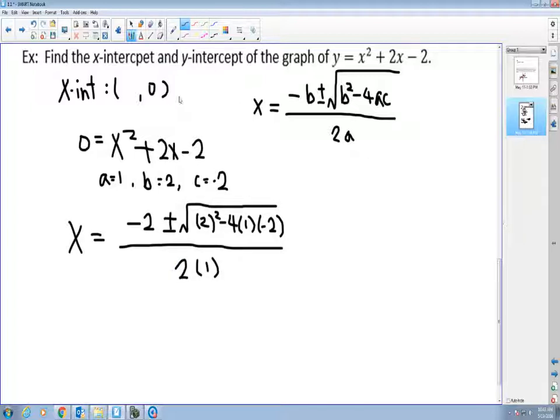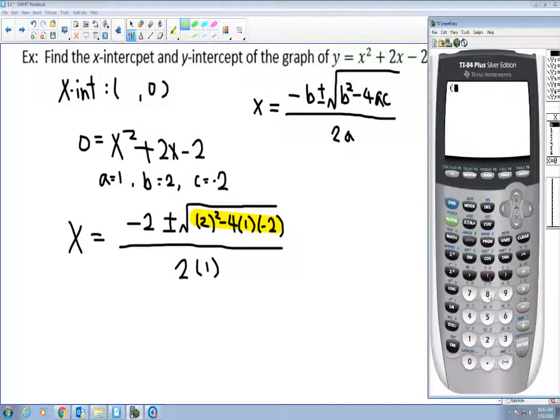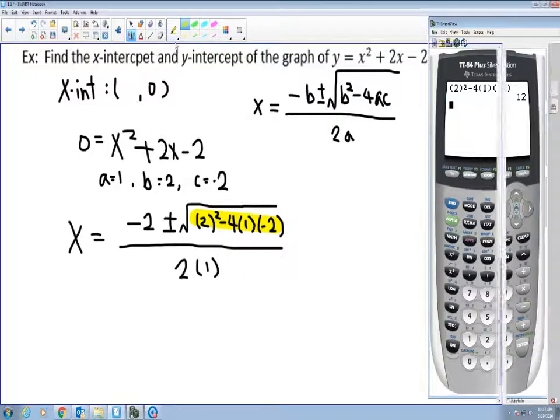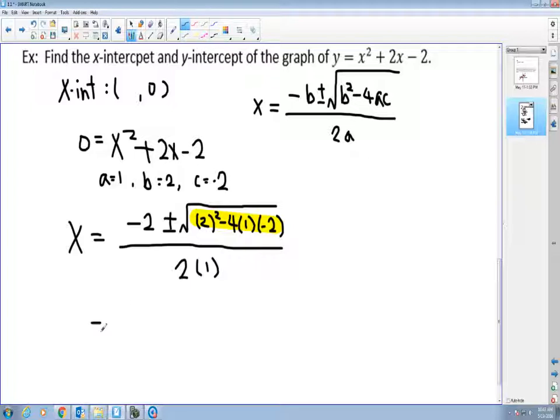All right, so what you want to do next is figure out what will be inside the square root. So I'm going to put that in the calculator. 2 squared minus 4 times 1 times negative 2. So inside the square root will be 12. Now I can simplify my radical. So negative 2 plus or minus the square root of 12, the whole thing over 2. The square root of 12 is the square root of 4 times 3, and the square root of 4 is 2.